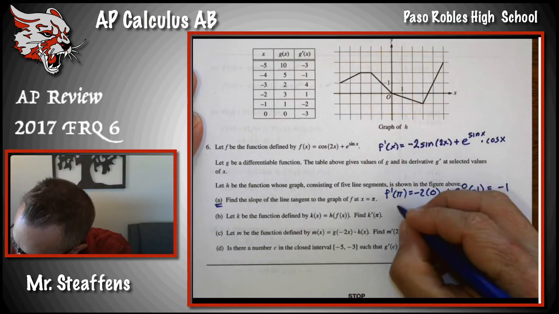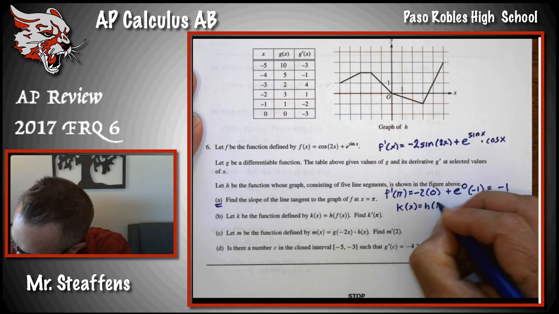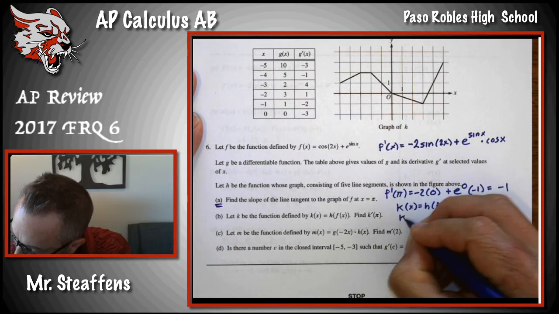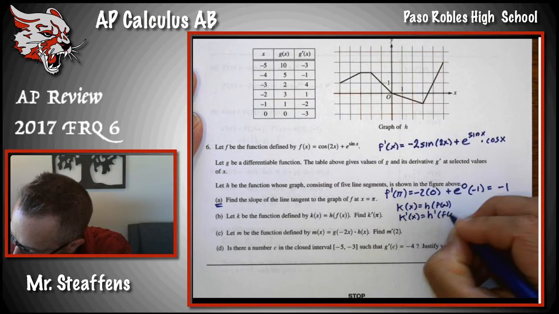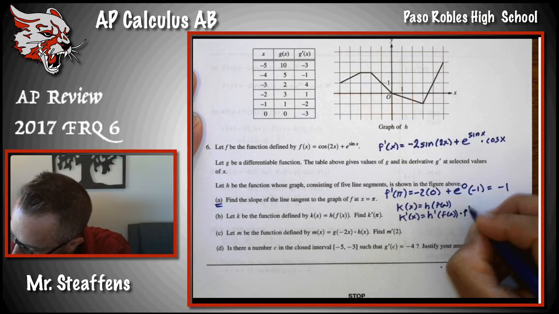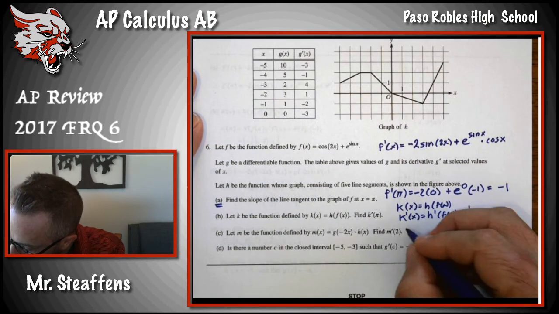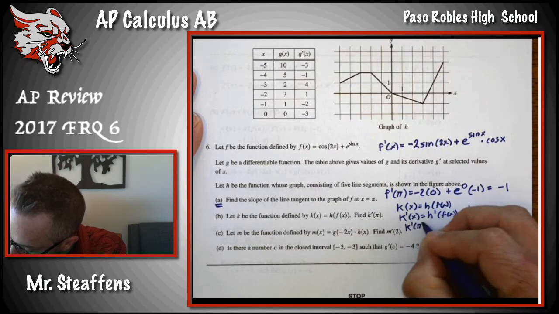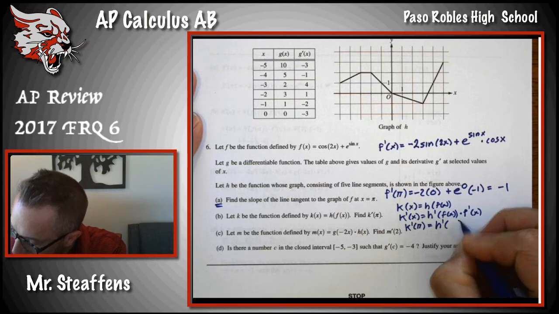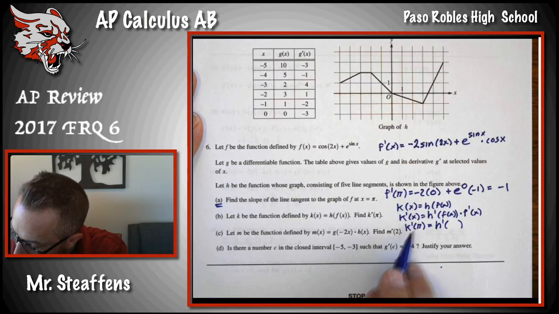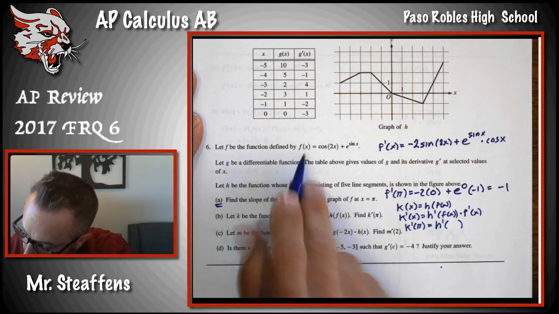So if k of x is h of f of x, then k prime of x is going to be h prime of f of x times f prime of x. So now all I'm going to do is find k prime of pi, which means I need h prime of f of pi. I got to find f of pi.